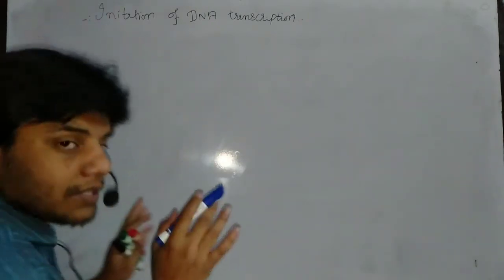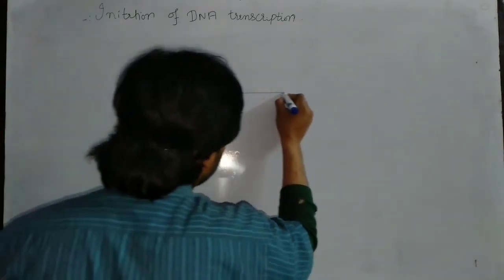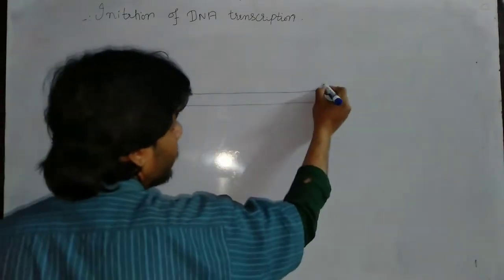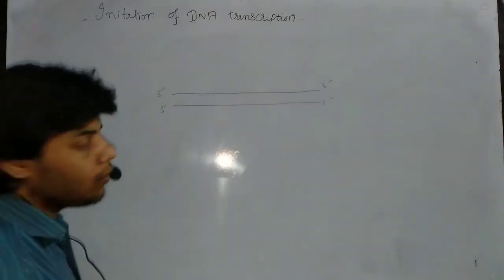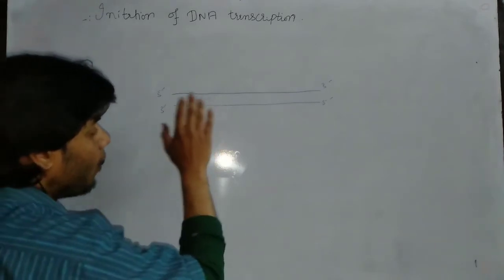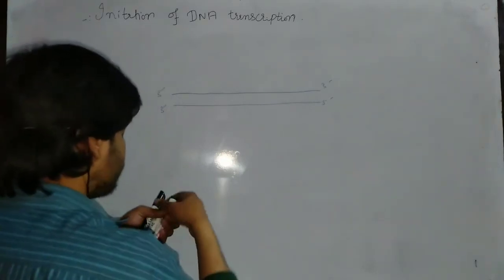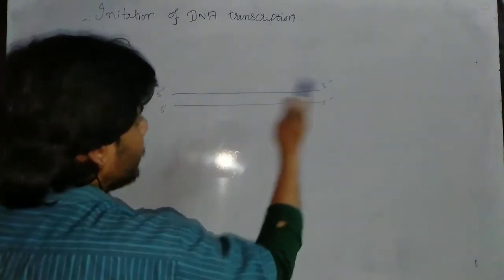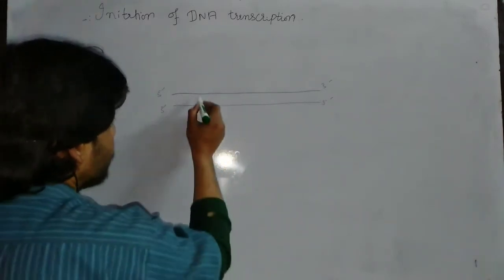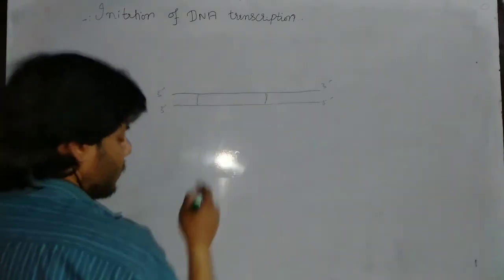To understand each term, let me draw a DNA structure here. We already know the upper strand is the coding strand while the lower strand is the template strand. In the DNA strand, we have a promoter region somewhere at a specific point. So let's suppose this is the DNA molecule, and at that position there is the promoter region.